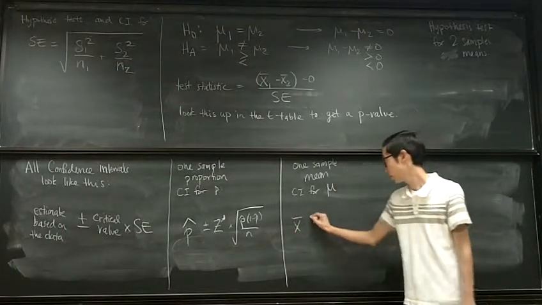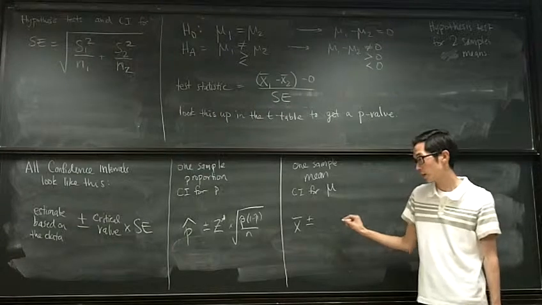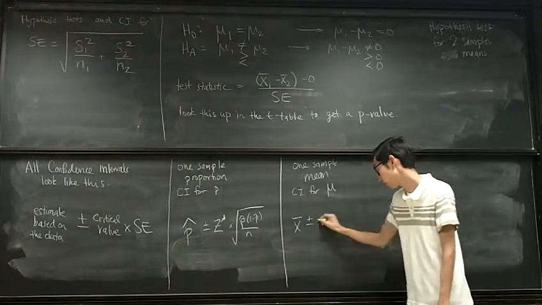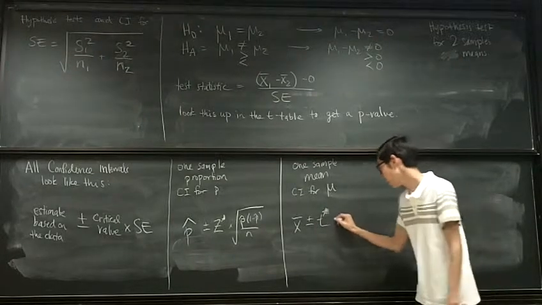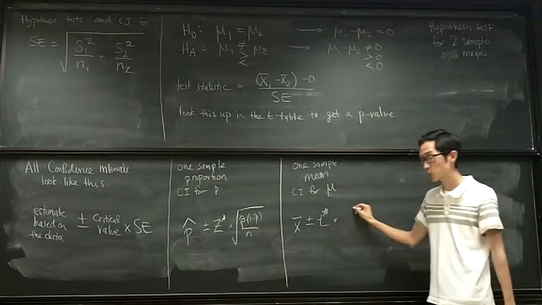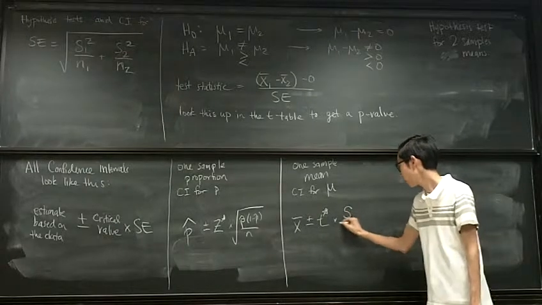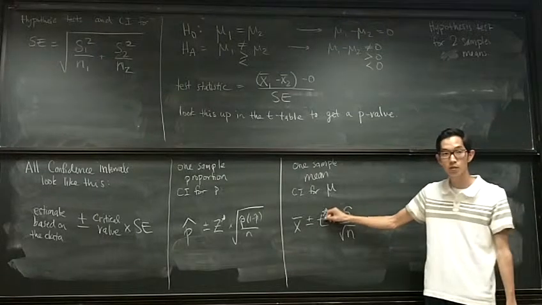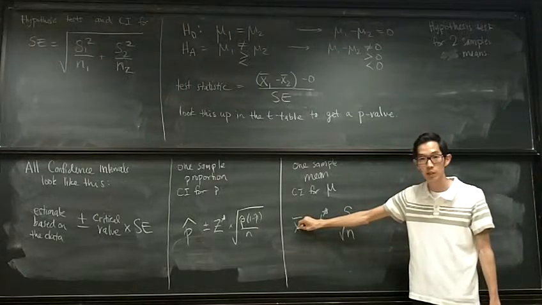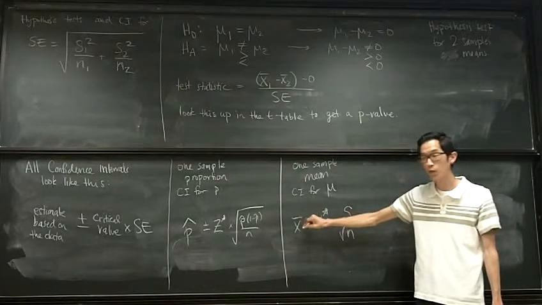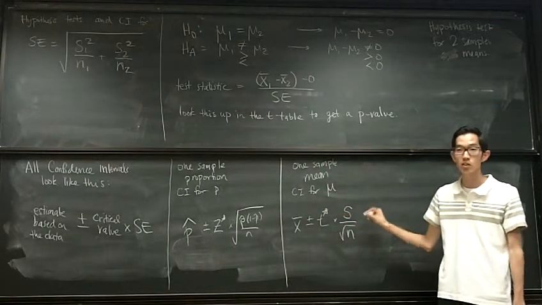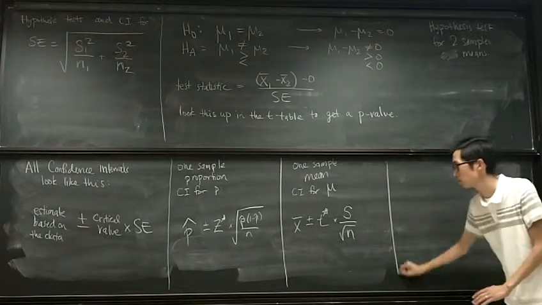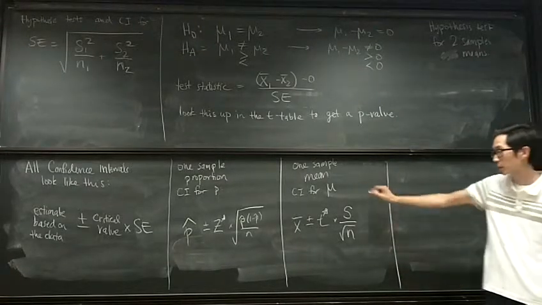X bar, plus or minus, and the critical value when we're dealing with means is now T star times the standard error, which is what? S over the square root of n. This is the standard error, this is the critical value, this is our estimate based on the data. Exact same form. Sure, the letters have all changed, but it's the same thing. It's just we're dealing with this. Okay, because it's a confidence interval for mu.